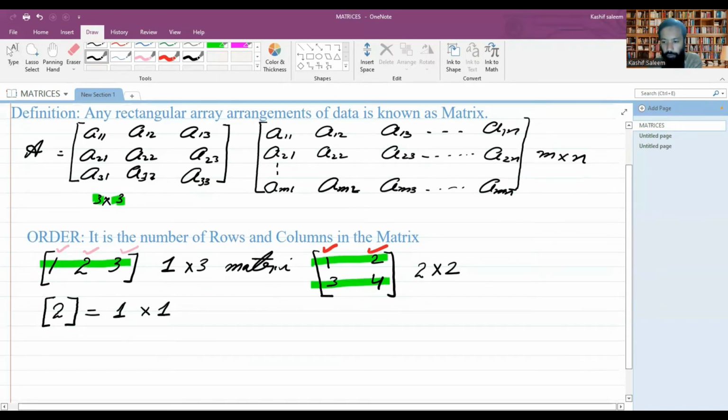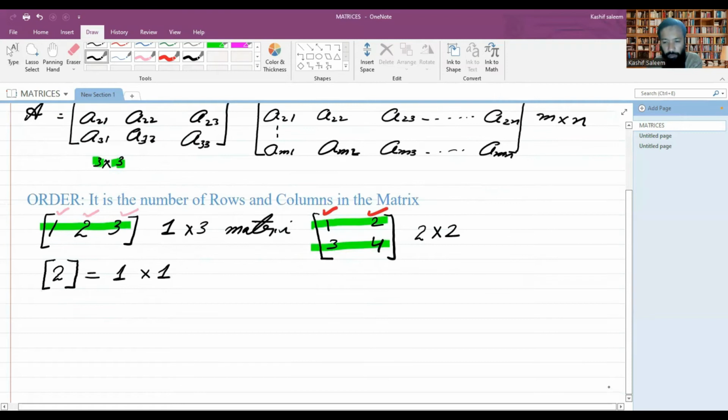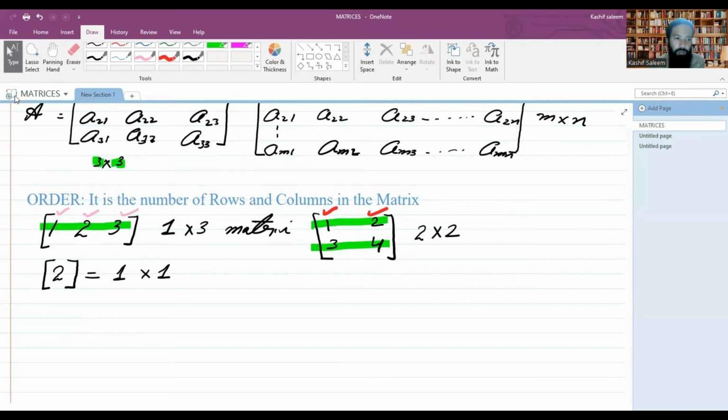Now we define some of the types of the matrices using order of the matrix. So first type is a square matrix.